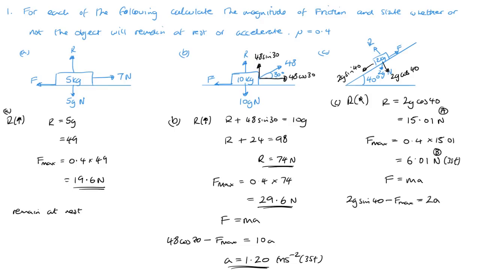So 2g sine 40 minus the value I stored in B, which is the maximum frictional value, I get 6.59 to 3 significant figures, divided by 2, and I get that A is 3.30 meters per second squared to 3 significant figures there. Okay, so that is going to slide down the slope.